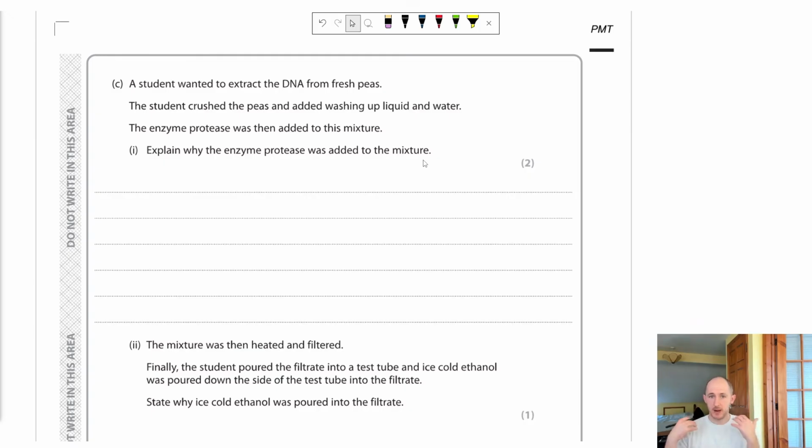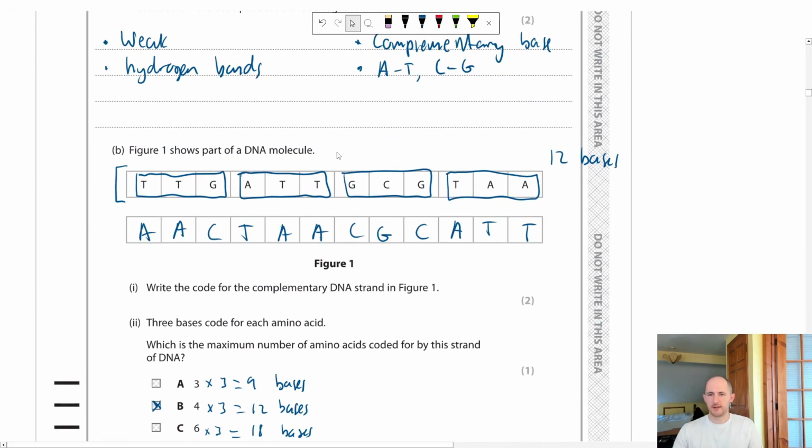Now, if I wasn't sure about this question, I would think about what protease does. Protease is an enzyme that breaks down proteins into amino acids. And I'm thinking, okay, I know that DNA is made up with proteins.